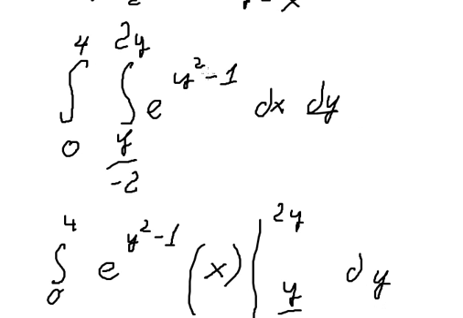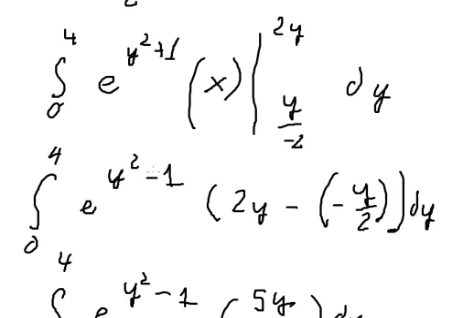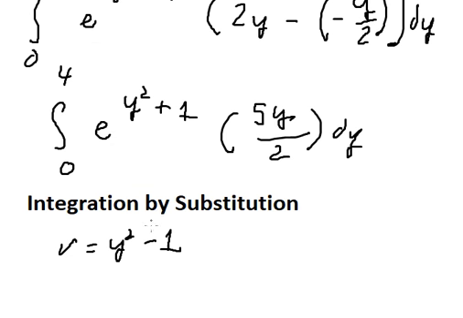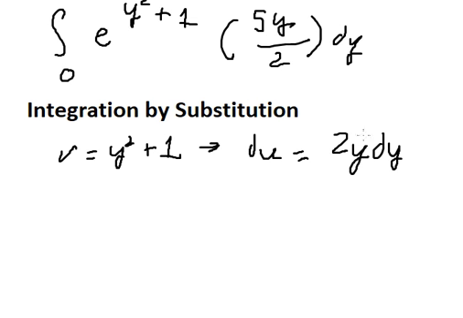Sorry, this is positive 1 because of the question. So we have y squared plus 1. And if we take the first derivative of both sides, you get du equal to 2y dy. So because we don't have the number 2, we divide both sides by 2.